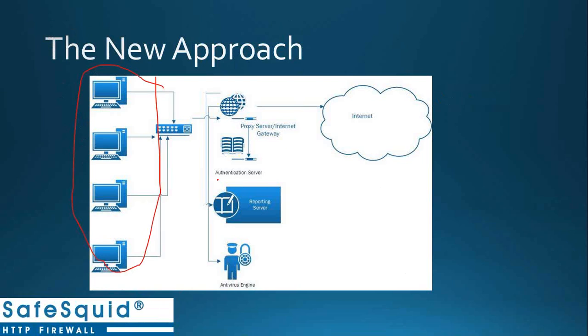We have the authentication server in place, the reporting server in place, and the antivirus engine in place. All these components are integrated in some way with the proxy server and scan the data going out and coming in through the proxy as well. This is a standard scenario we see nowadays in the industry.